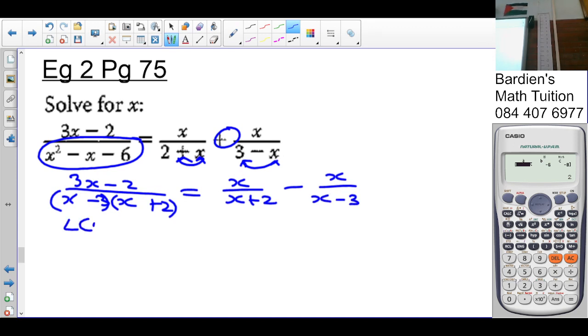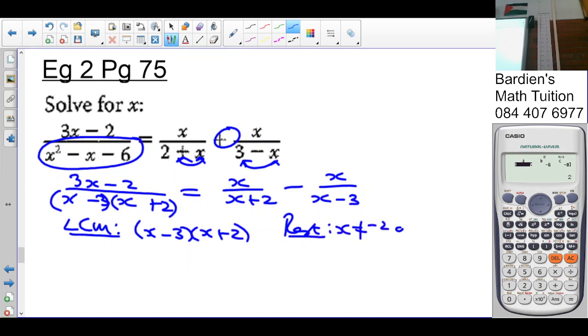What's my LCM? X minus 3, x plus 2. What's my restriction? X can never be equal to negative 2, or x can never be equal to 3.